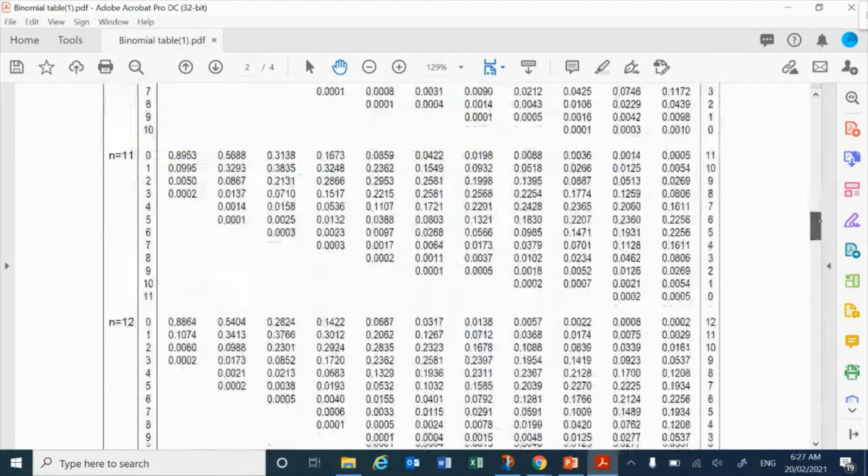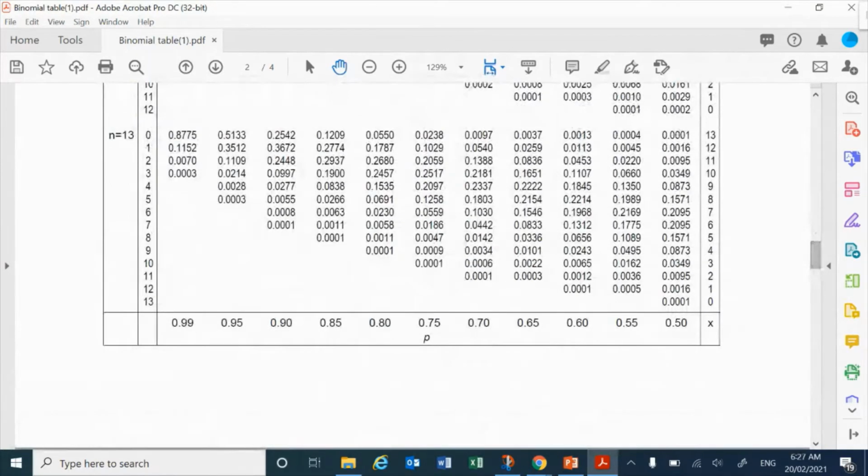Now let's look from the bottom of the table. I'm going to look at n equals 13 because it's easy for me to show you. Let's say we have n equals 13, we have x equals 4, okay, and we have pi equals, let's say, 0.55. So 0.55 is here.